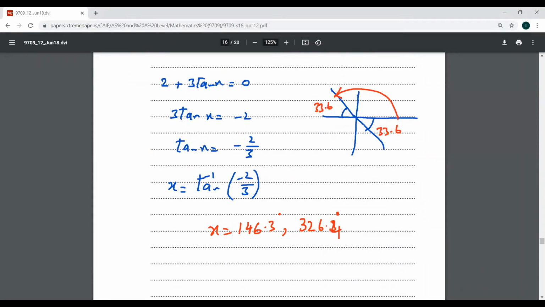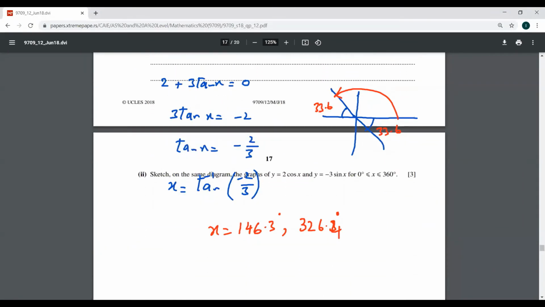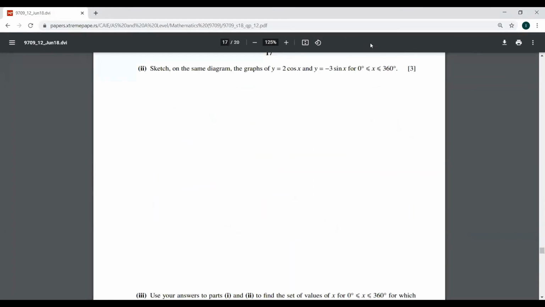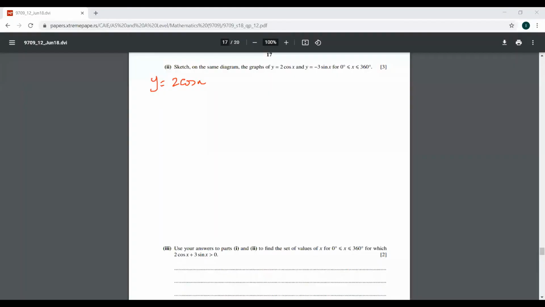Let's see what is there in the next part. It's a sketch on the same diagram. Sketch on the same diagram the graph of y equals 2 cos x and y equals minus 3 sin x. I'll draw y equals 2 cos x here in red.